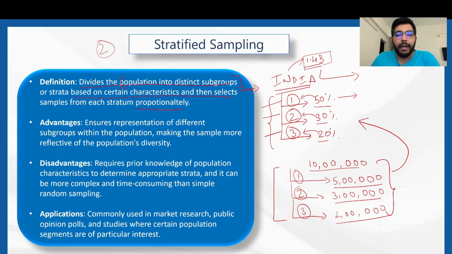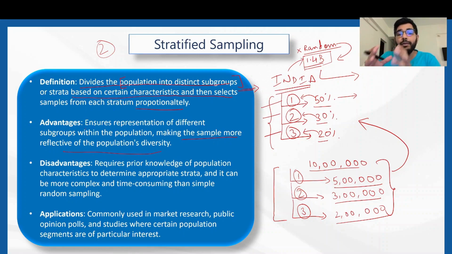The advantage of stratified sampling is obvious: it makes the sample more reflective of the overall population diversity. Since India has a large population of 1.4 billion people and the population is very diverse, we cannot use random sampling, because one of the disadvantages of random sampling is it cannot be used on such a big population, as there are chances that the sample chosen using random sampling on such a big and diverse population cannot be representative of the overall population.